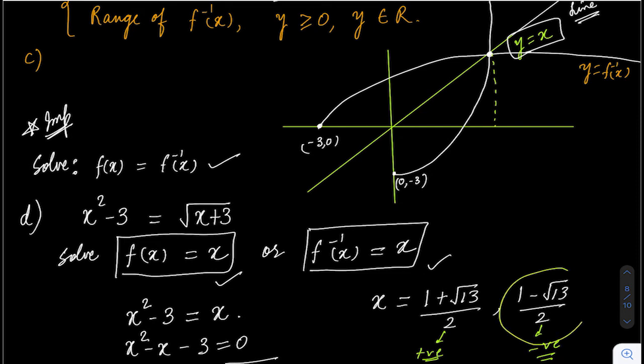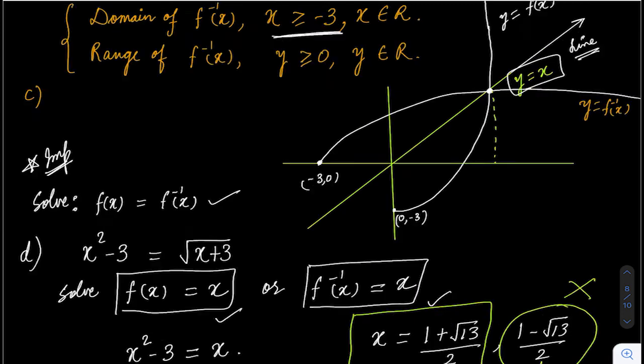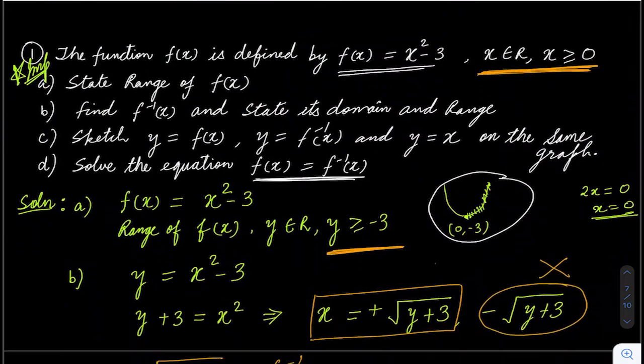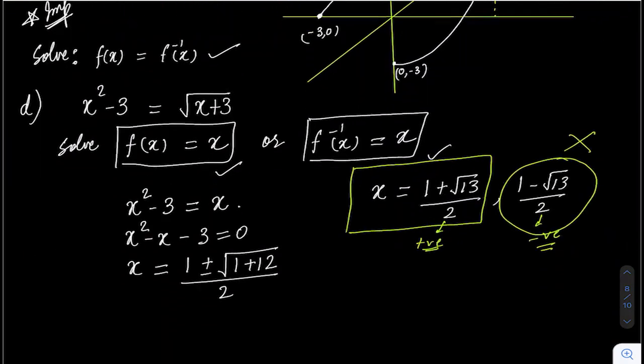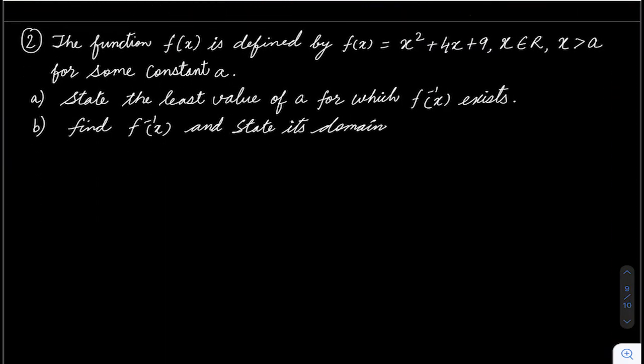So actually, you can easily reject this answer. So your answer, the solution for f(x) equal to f inverse x, is 1 plus root of 13 over 2. I hope you are clear with this. Okay, so these things are very important: how to solve, which equations to take, how to reject the answer. I hope it's clear. Okay, let's move on to the second question.